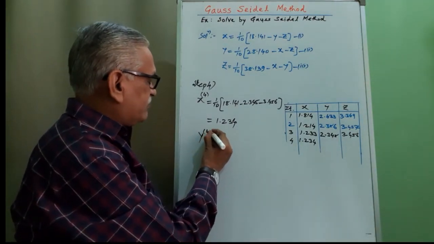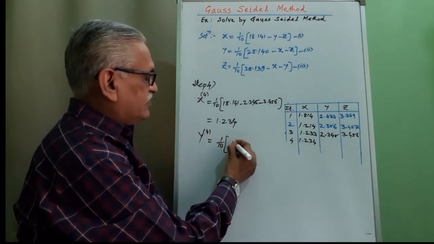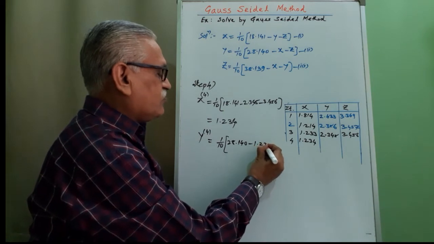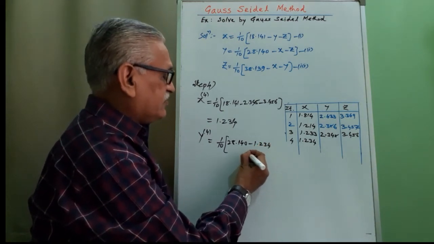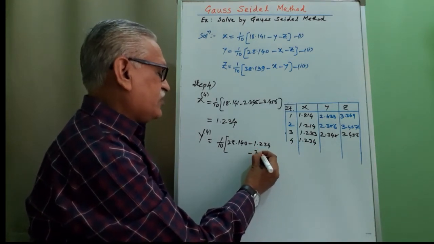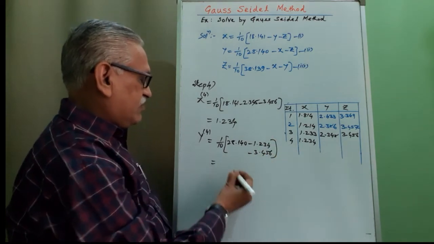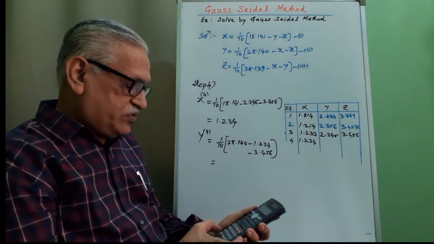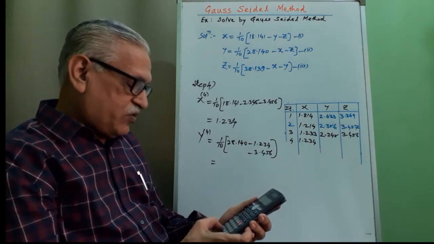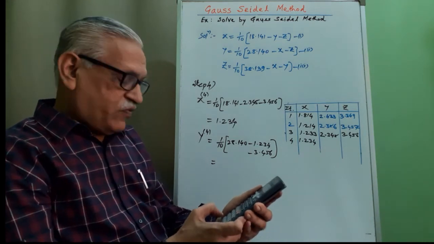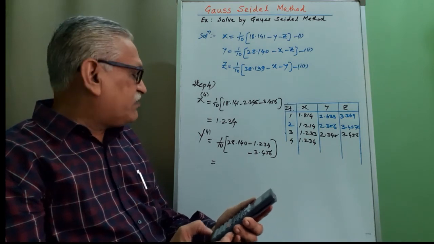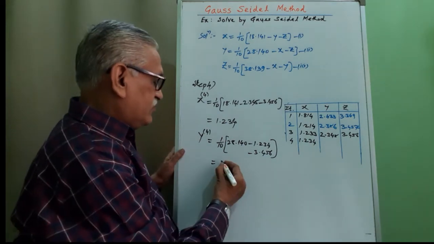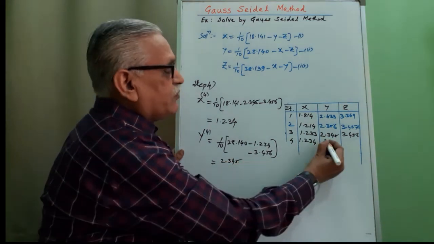Therefore, we get y4 as 1 by 10 times 28.140 minus x, 1.234, and minus z, 3.456, and simplifying it, we get 28.140 minus 1.234 minus 3.456, into 1 by 10, it is 2.345. We put here.